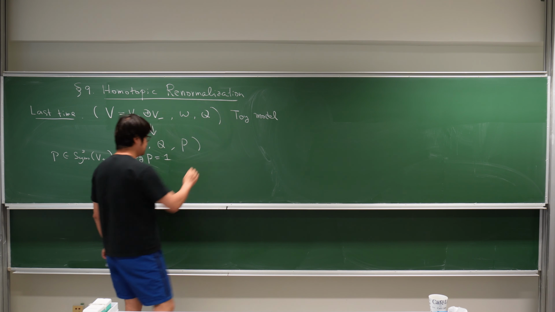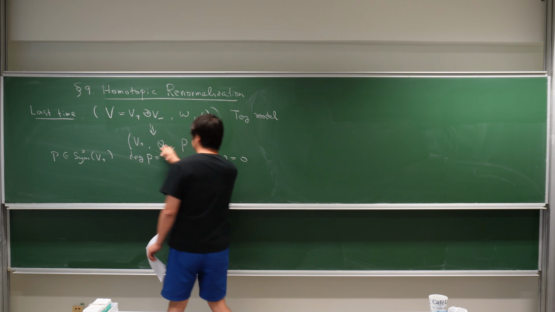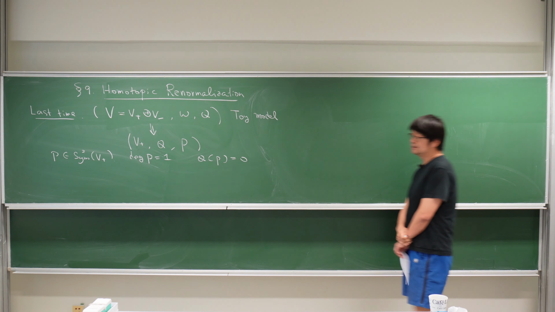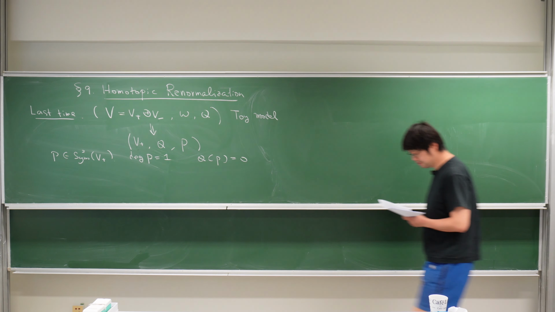And Q is compatible, so Q closes. So these two data are compatible, but this is what you write down from this splitting.